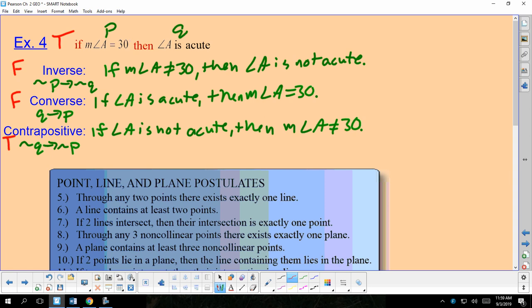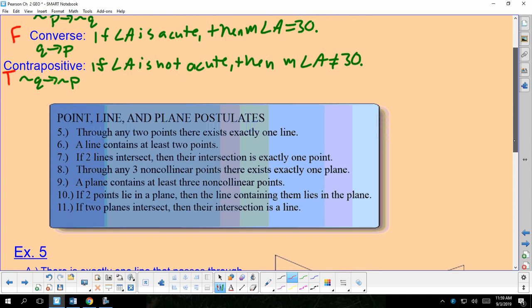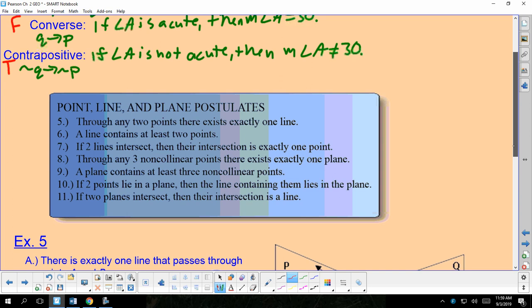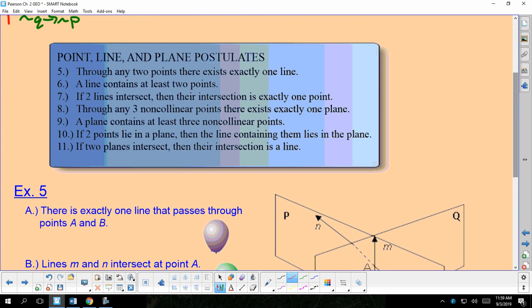All right, so point, line, and plane postulates. These are statements which are always true, and we can use them in arguments. So let's look through each of these. Through any two points, there exists exactly one line. A line contains at least two points.